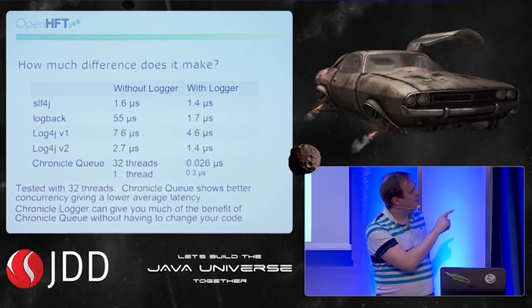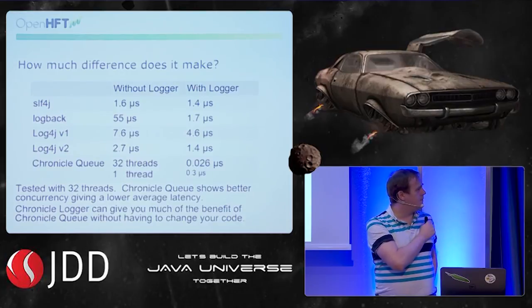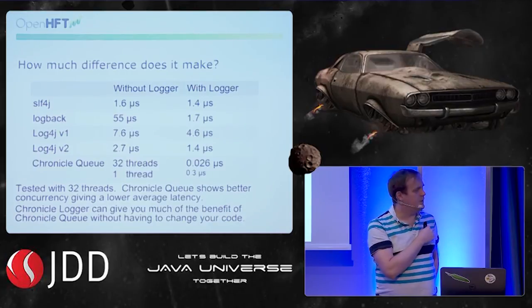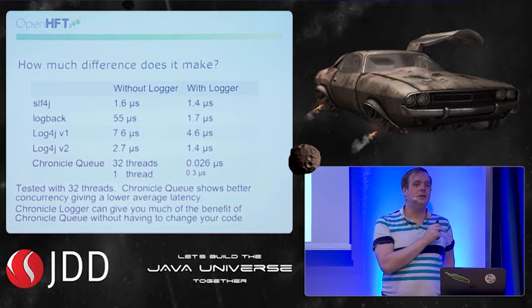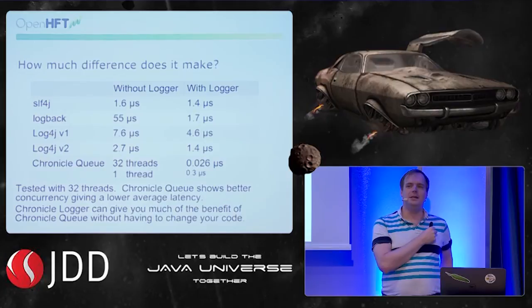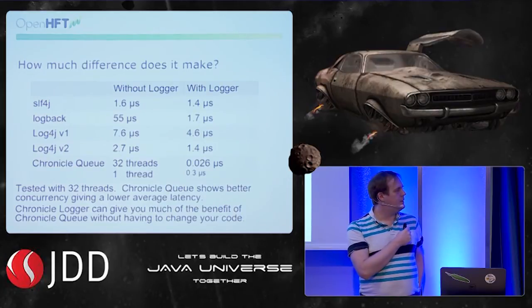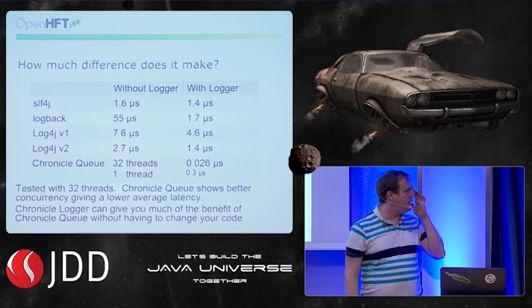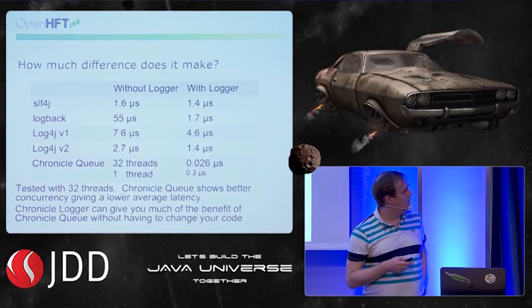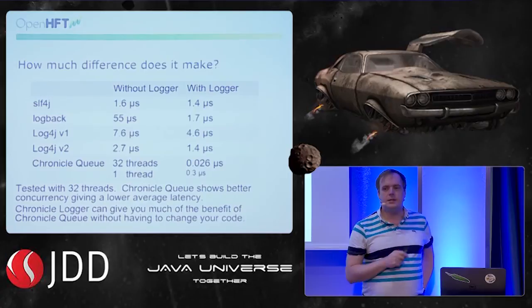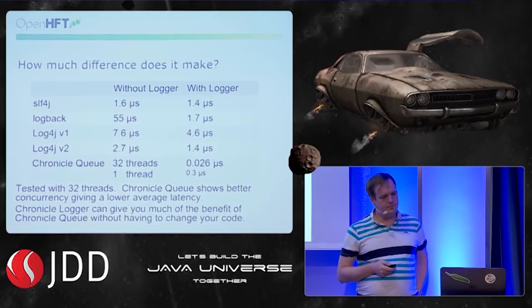Even single-threaded, it's faster. But once you've got to 32 threads, hopefully you don't have 32 threads that all they do is log. So it's a slightly unrealistic example in that case. But you can see that it has very little overhead. In any case, you're all dealing in this sort of microsecond level.